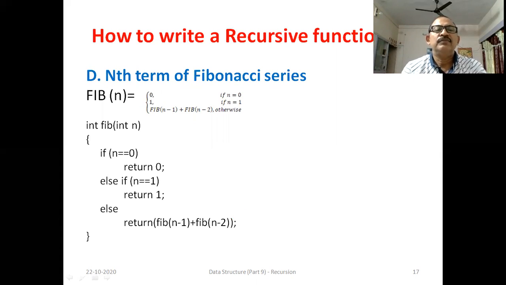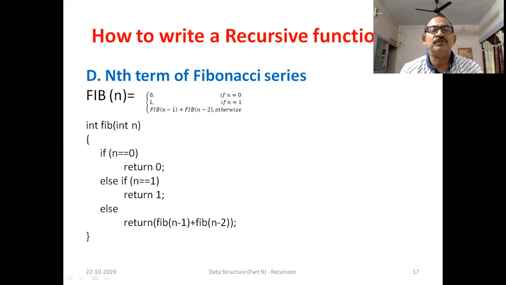Here again, we should specify the return type of the function, and this time again the return type is integer. The name of the recursive function is fib, and this function receives one value, that is n. Here you can see there are two terminating conditions. If n is equal to 0, the value of function fib(n) is 0 and the system returns value 0.